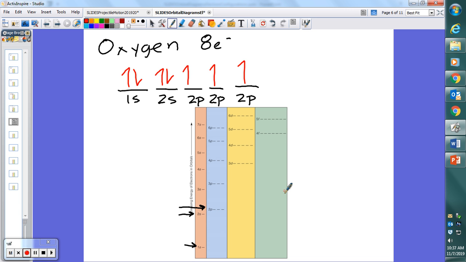Yes, the repulsion of the two electrons in this orbital is less energy than jumping up farther from the nucleus to another orbital, right?